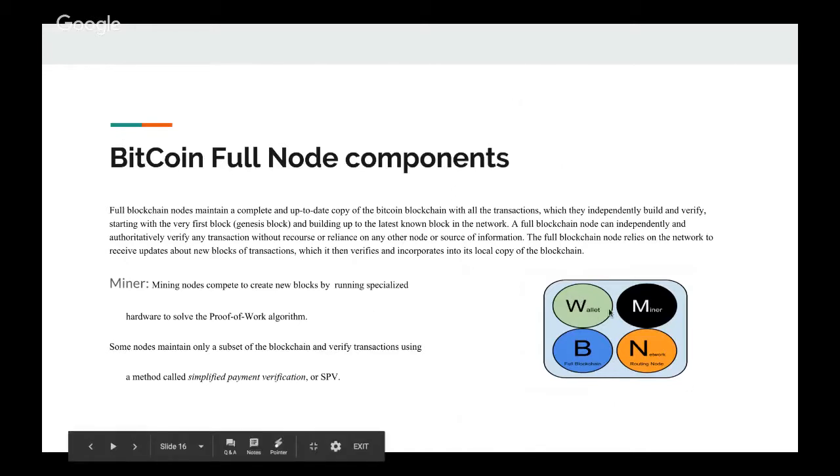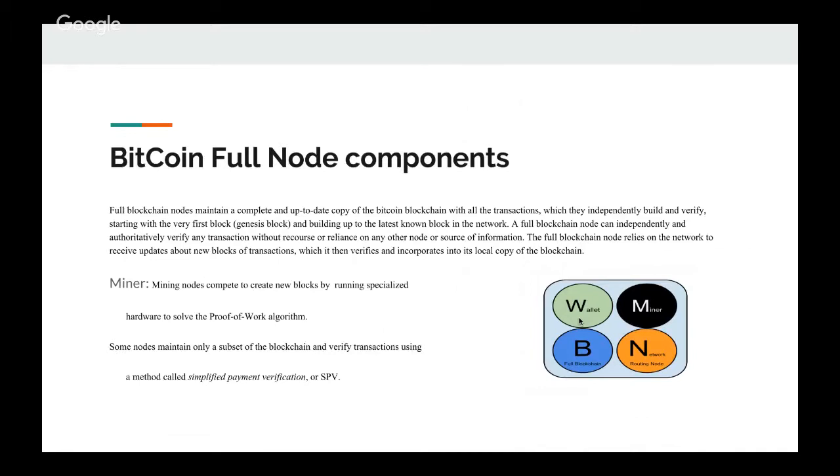There's also a wallet, or other people can connect their wallets to a full node, and then there is a miner which goes through the blocks, makes sure the blocks are correct, makes sure the new blocks are coming through, and of course there's the blockchain, which is the data itself, and then there is network routing, which is where the other nodes are and how to connect to the other nodes.